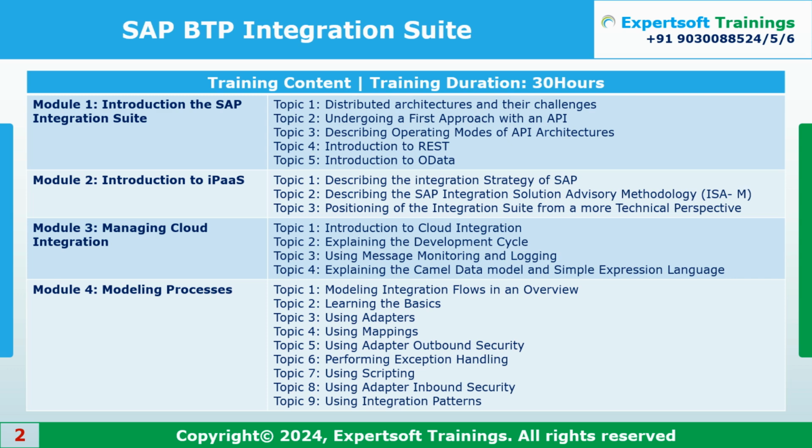The second topic is undergoing an API-first approach. When we moved into BTP from Cloud Platform Integration to Cloud Integration, SAP recommended using the standard. So fit to standard is the first approach. In this approach, SAP is providing a lot of standard APIs, and we use these standard APIs to create our own integration flows.